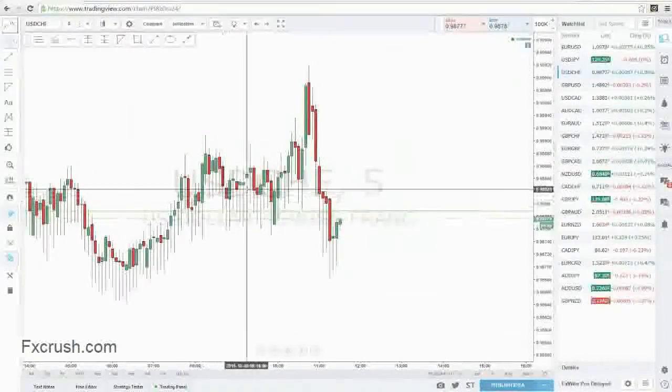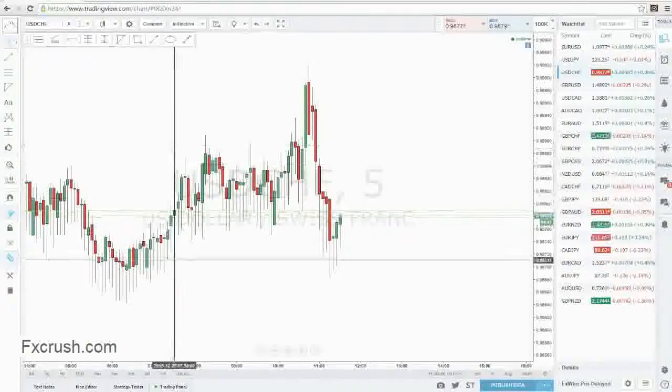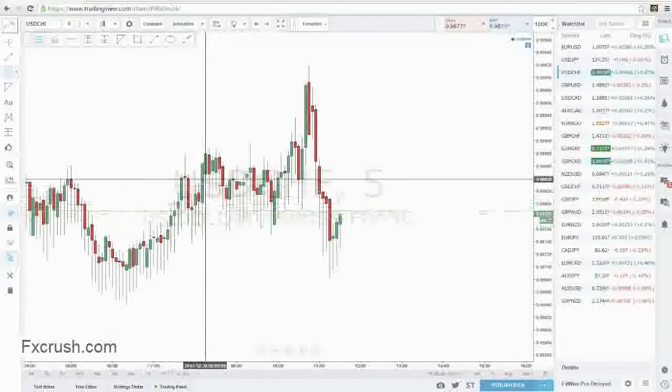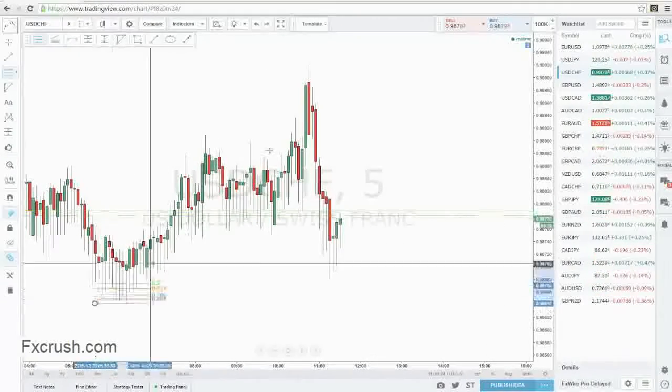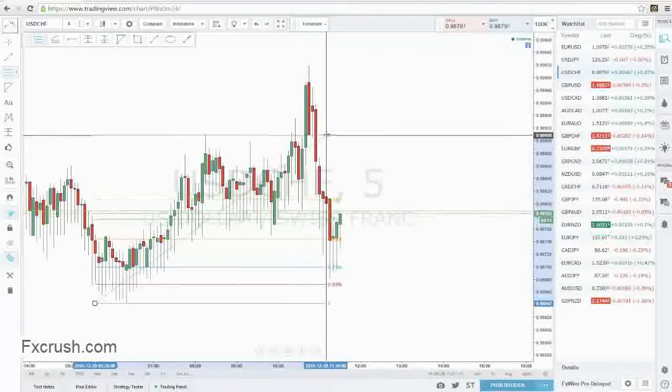Here on the dollar Swiss 5-minute chart we have a cipher pattern setting up, and the cipher pattern comes in from this X leg down here, this impulse leg. From X to A is a 382 retracement without closing below 618.